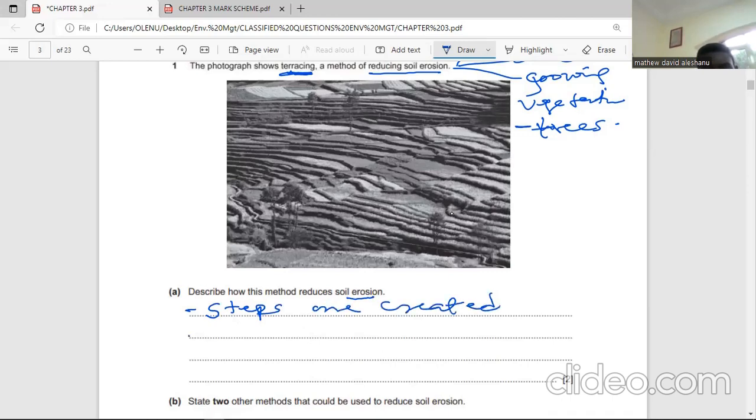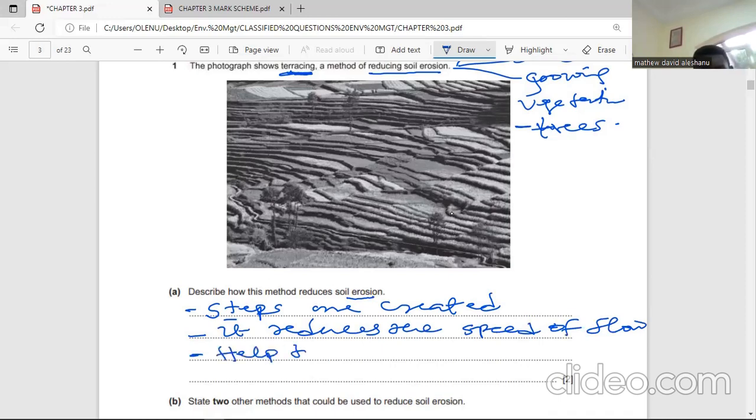Now what these steps do is reduce the speed of moving water. It reduces the speed of flow. And once that is done, the soil behind cannot be washed away.